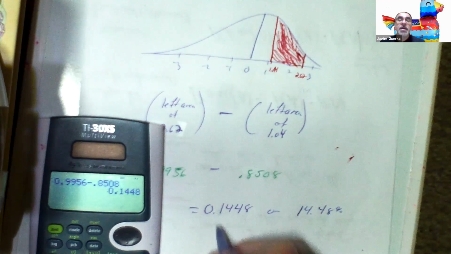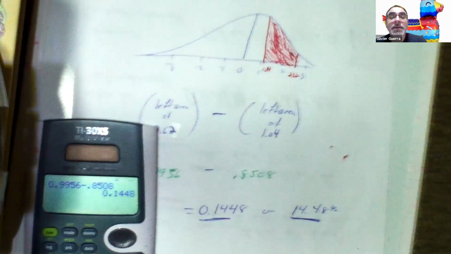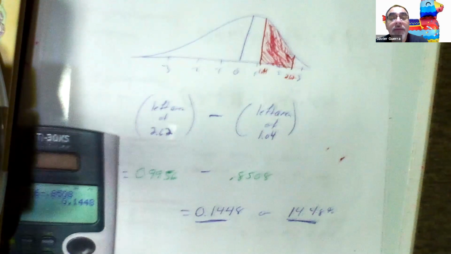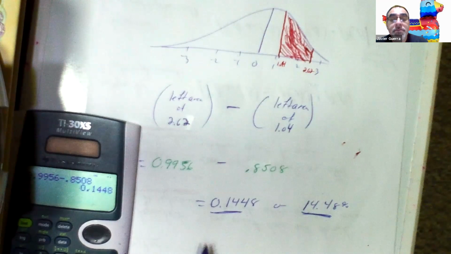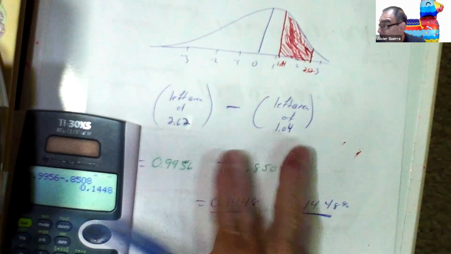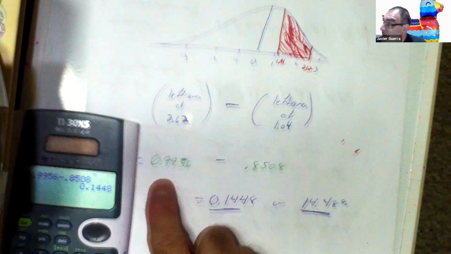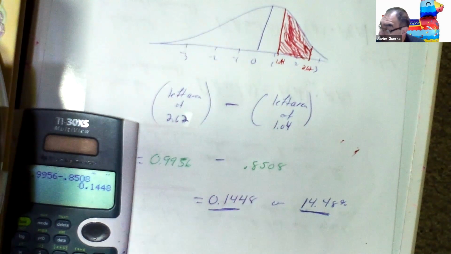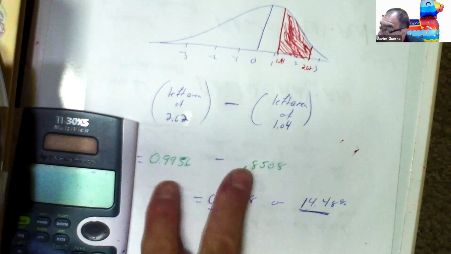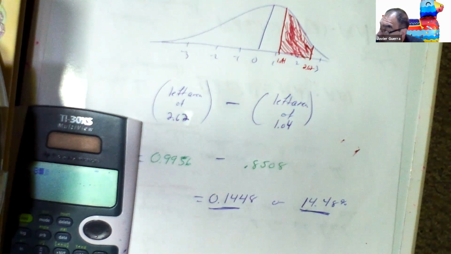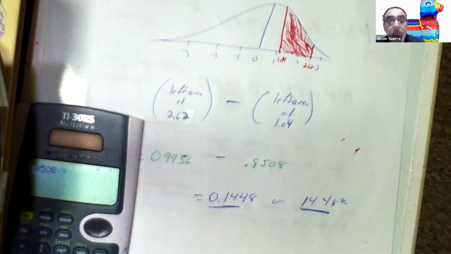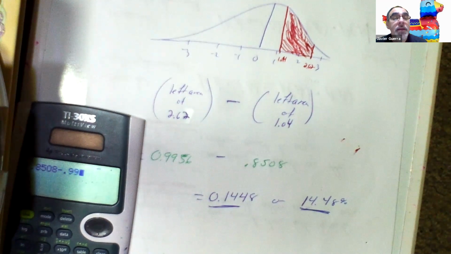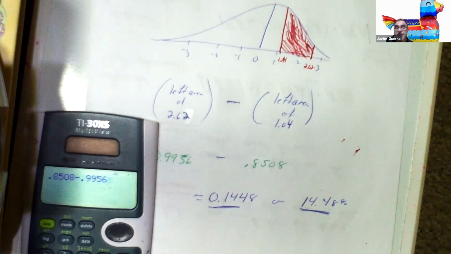Now, if you accidentally had them reversed, and you had 0.8508 minus 0.9956, let's see what happens if they were reversed. If you enter it, you get the same answer, but it's negative, right?